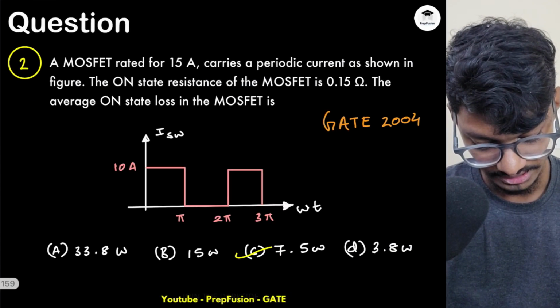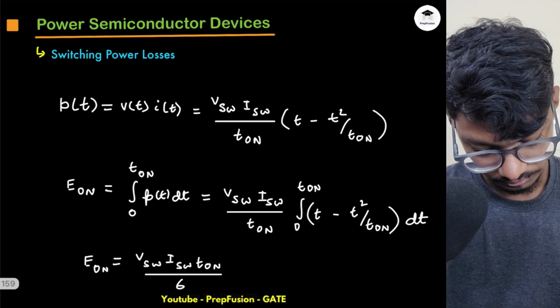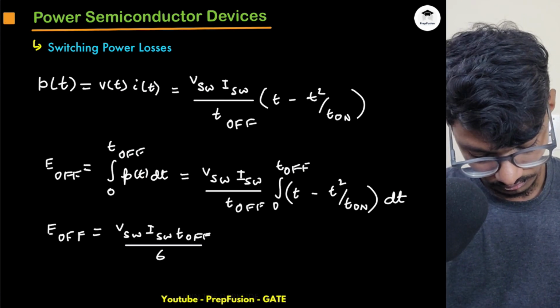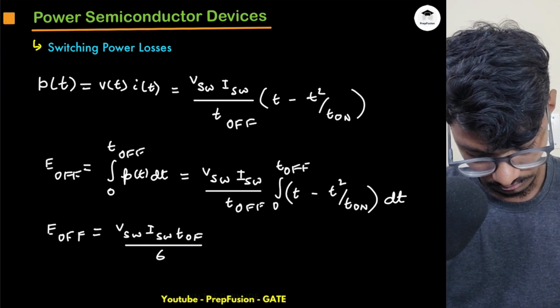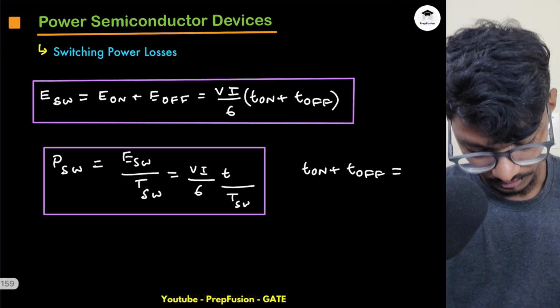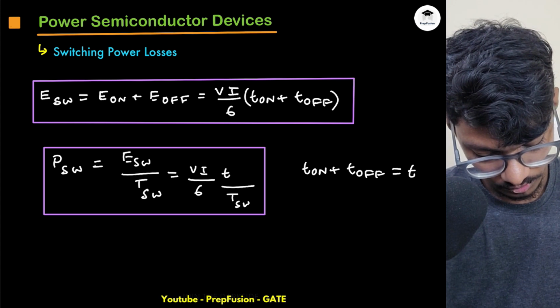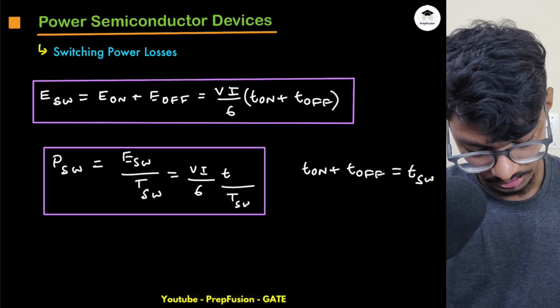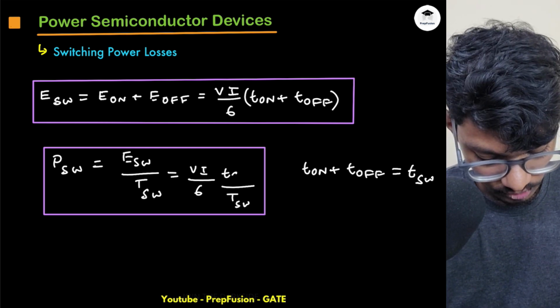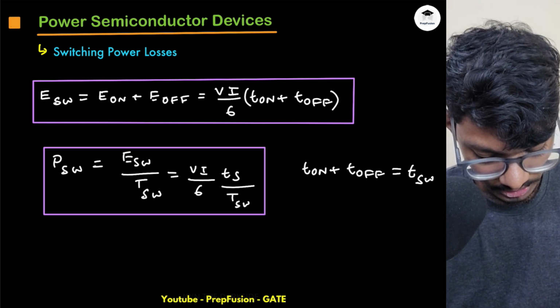I hope you understand the notations here. And this is the capital TSW, that is basically the overall time. So this will be equal to small TSW by capital TSW.